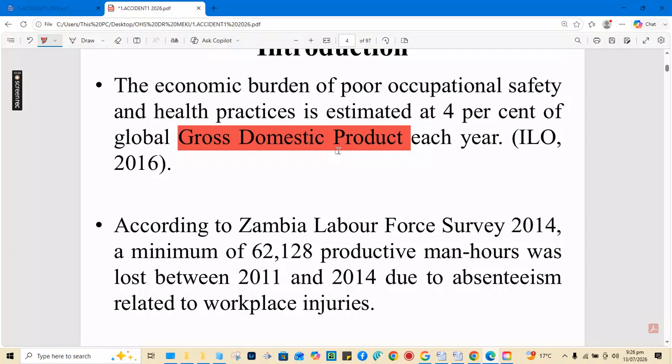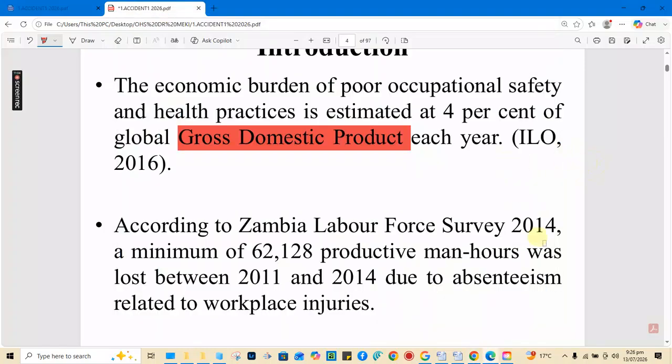So let's say there is a GDP of, for example, 2.3 billion. You multiply that 2.3 billion by 4%, and you get your number. But you can research that on your own time; it's not necessary.